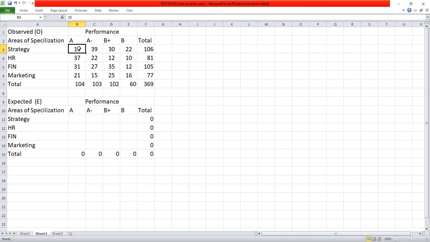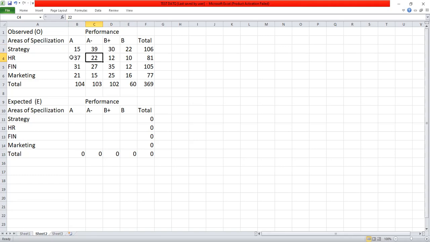Strategy students that scored an A. Which totals? Now I'm talking about totals. 104 and 106. And here? 103 and 3. And here? 102 and 106. Here? 60 and 106. Here? 104 and 81. Here? Etc. Clear? Good. Now, that's an important aspect.